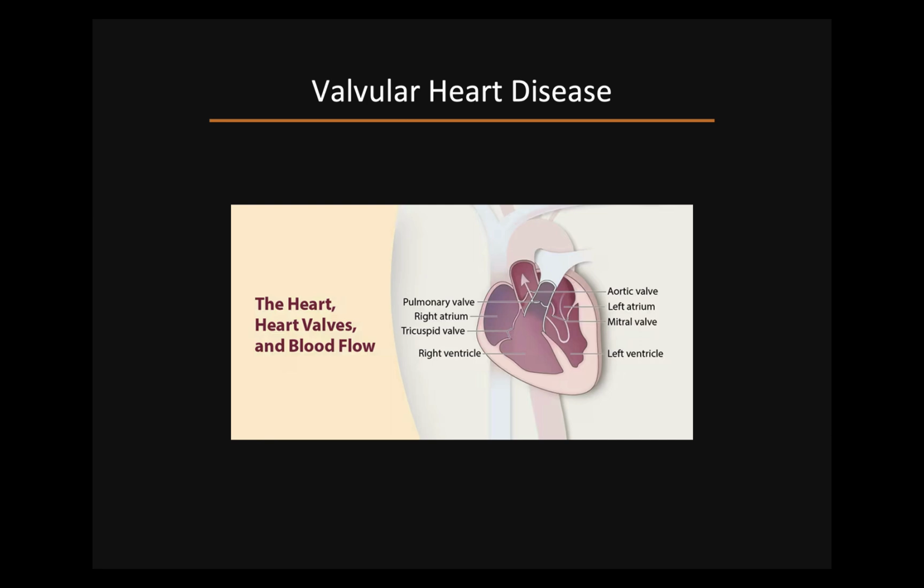One is in the aorta, so we call it the aortic valve, and the second is in the pulmonary trunk, and we call that the pulmonary or pulmonic valve. Each of these valves has the job of regulating blood flow through the heart, to make sure the blood flows in one direction only. We don't want the blood to be flowing backward.